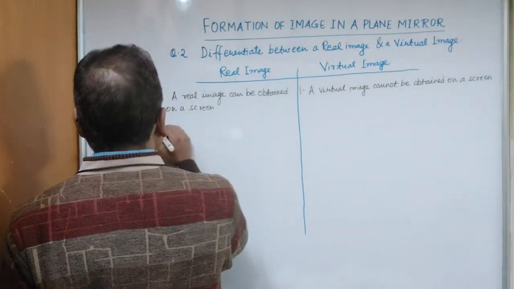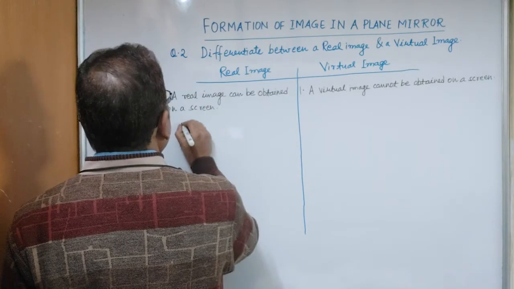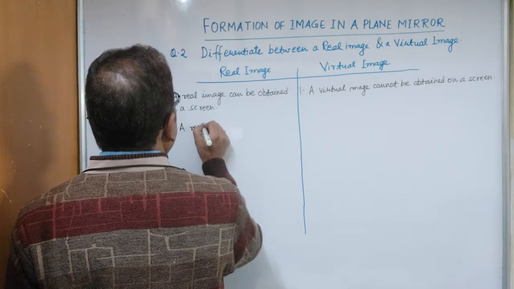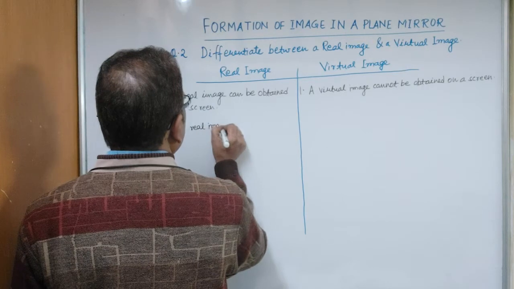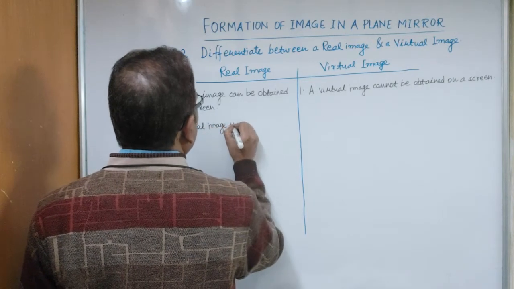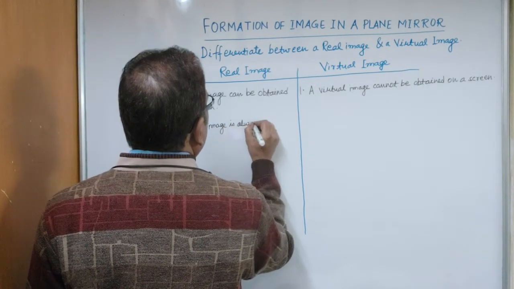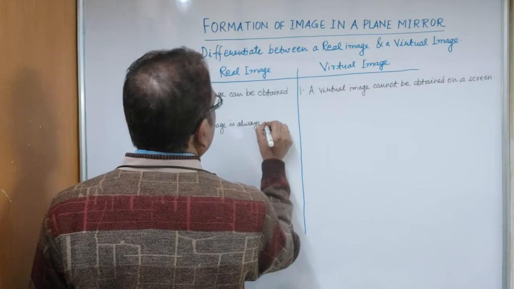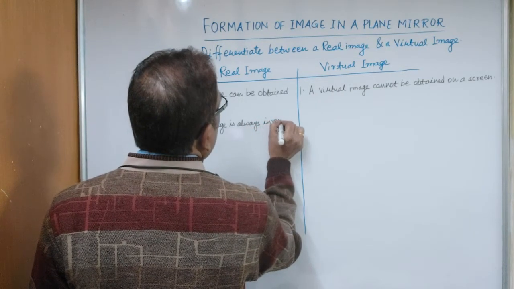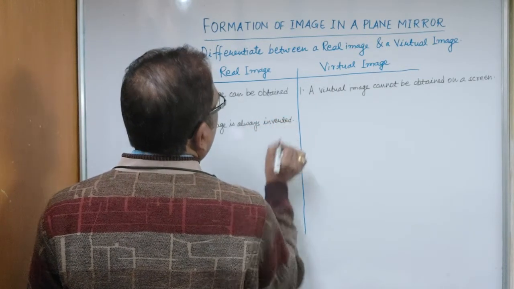Now, second difference, write a real image is always inverted. Inverted means upside down.